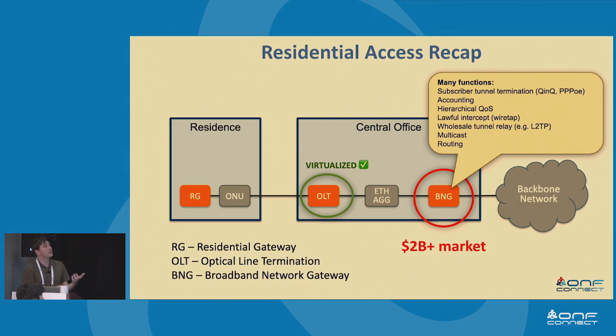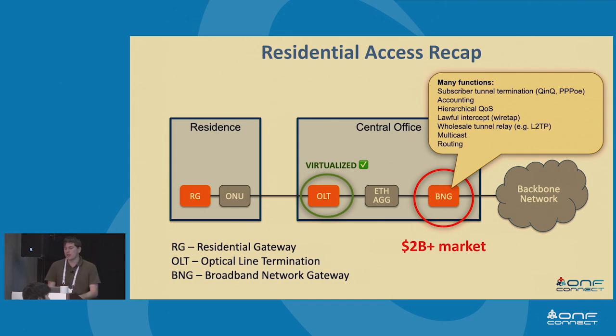This is a fundamental piece of a residential access pipeline, as it performs many functions related to subscriber termination, as it performs things like protocol-specific terminations like PPPoE or QinQ. This is where we do accounting. This is where we do QoS for the downstream direction of traffic, lawful intercept, tunnel relay, multicast routing.